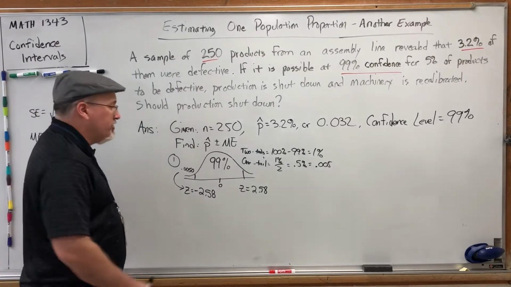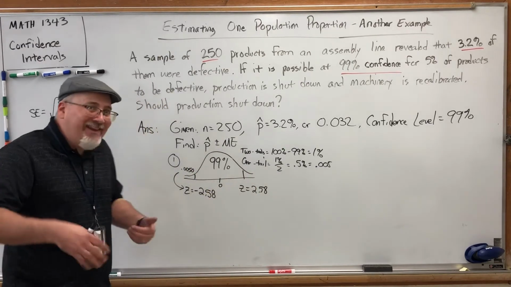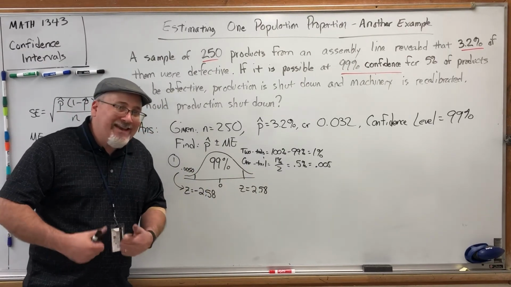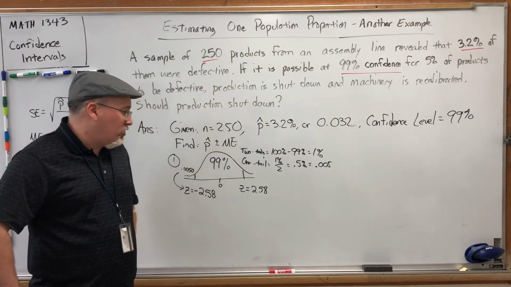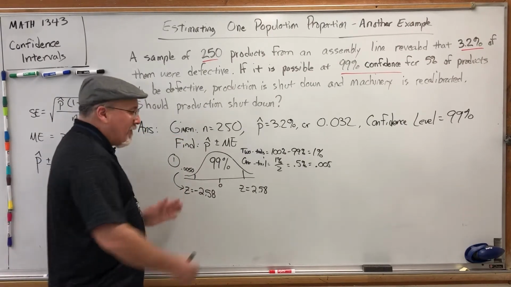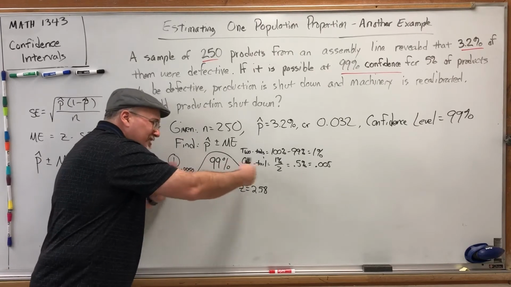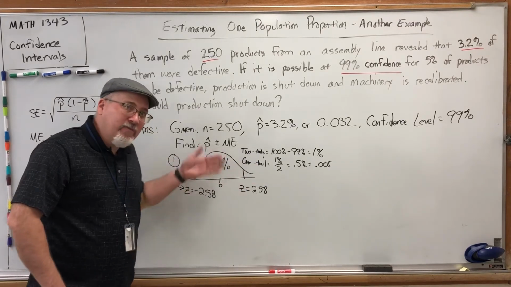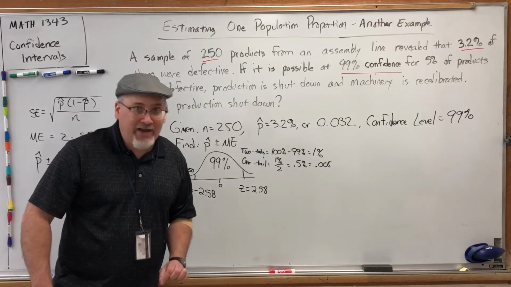By using the larger digit, I'm moving these z-scores outward slightly, which slightly raises the area in the middle and increases the confidence level. So really, 2.58 is associated with a confidence level just a little bit above 99%. But if I round it down to 2.57, I'm actually moving the 2 z's inward, decreasing the area in the middle, and lowering the confidence level to just a little below 99%.